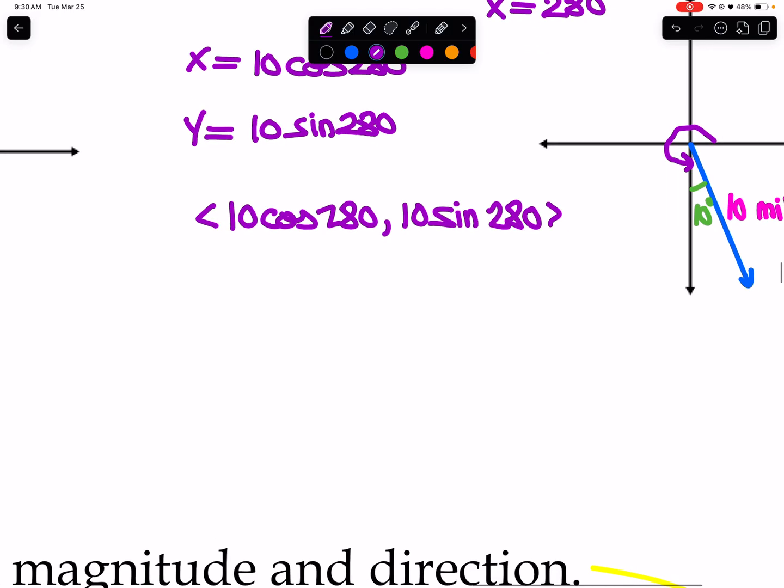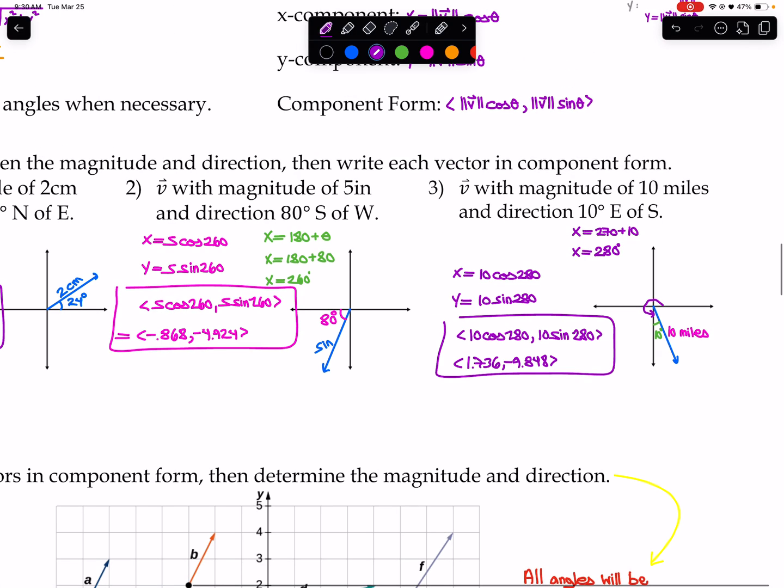So that is your exact. Now I need to plug in 10 cosine 280, which is going to give me 1.736. And then 10 sine of 280 should give you negative 9.848.